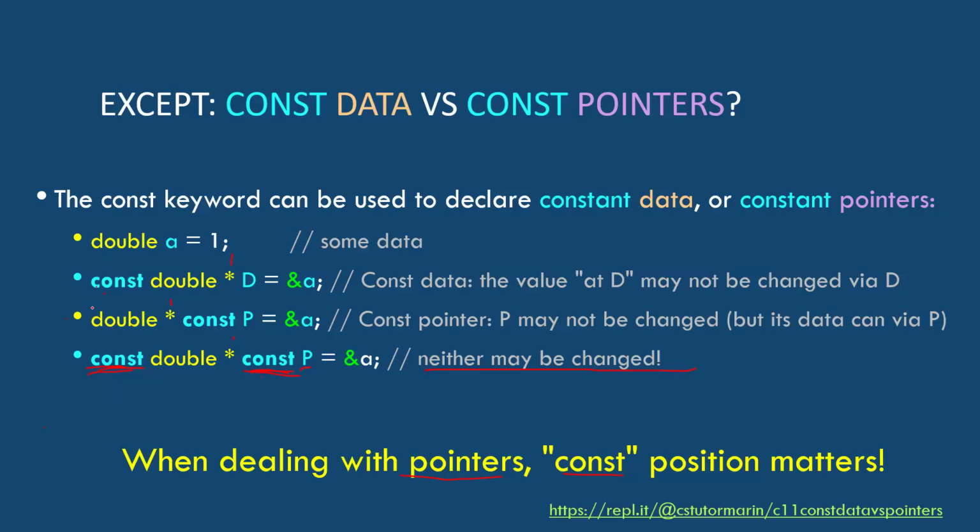Is it on the left side of the star or on the right side of the star? Left side means const data, right side means const pointer. So we'll have to practice that a little. I always do after I've been away from coding for a little bit.